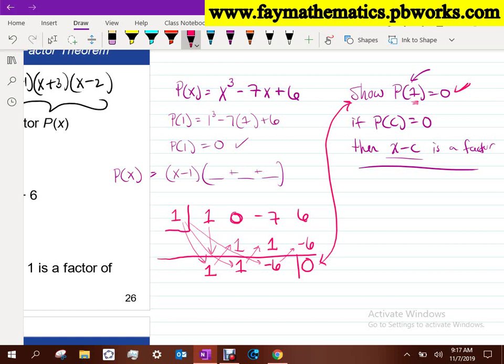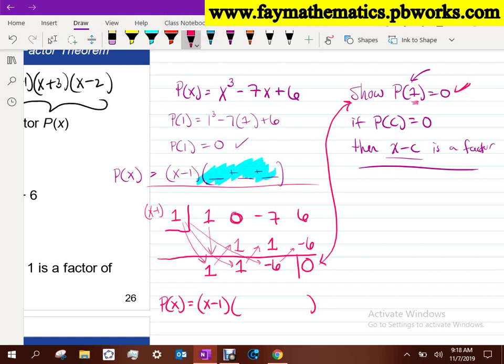Now, why do I like that? Why should we like that better? Well, if this is a 0, then working a little bit backwards, X minus 1 must have been a factor. Does that make sense? So when I rewrite P of X, X minus 1 is my factor. Now, previously up here, we didn't know what should be right there.